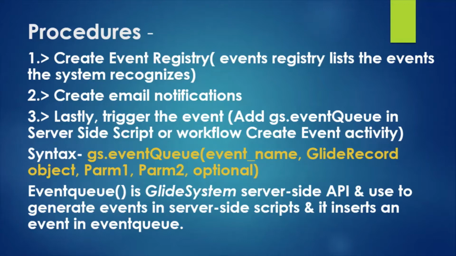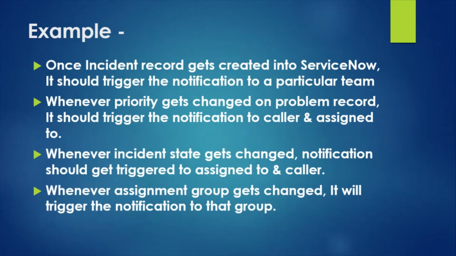Now let's navigate to our personal instance and implement one of the use cases. Here I have provided some examples. You can refer to them and understand what kind of notification you can trigger using an event. First we are going to implement this: once an incident record is created in ServiceNow, we trigger the notification to a particular team, so they can identify that an incident has been created.